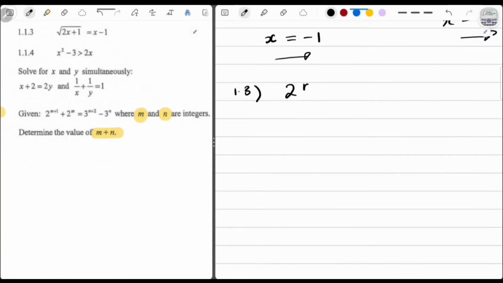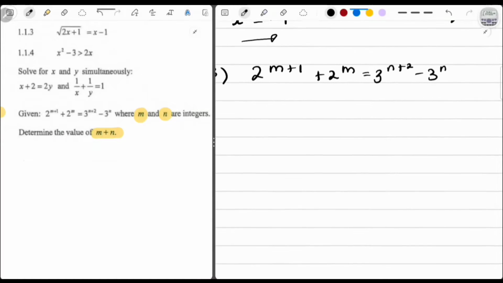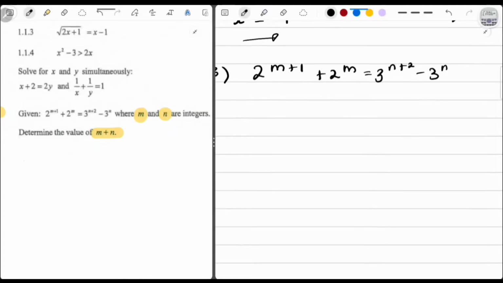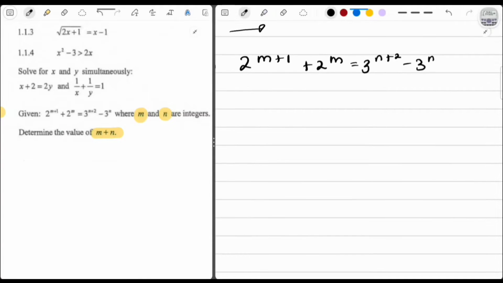So we have 2 to the power of m plus 1, plus 2 to the power of m, is equal to 3 to the power of n plus 2, minus 3 to the power of n. Since this is just an exponential, let's focus on the exponents. What we can do is see what is maybe common.